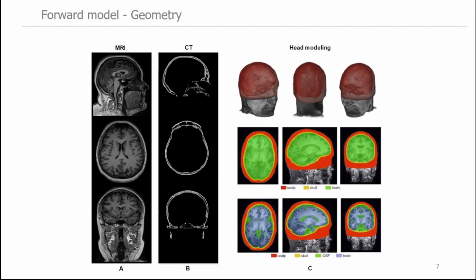Even some research groups use soft skull, the inner bone of the skull, which they model as another tissue than the outer skull bone, because the inside of the skull is a bit softer and has a higher conductivity. But basically, starting from the MRI and CT, if available, but usually this is not available in clinical practice, you can segment all the tissues and make a geometry model of the head.